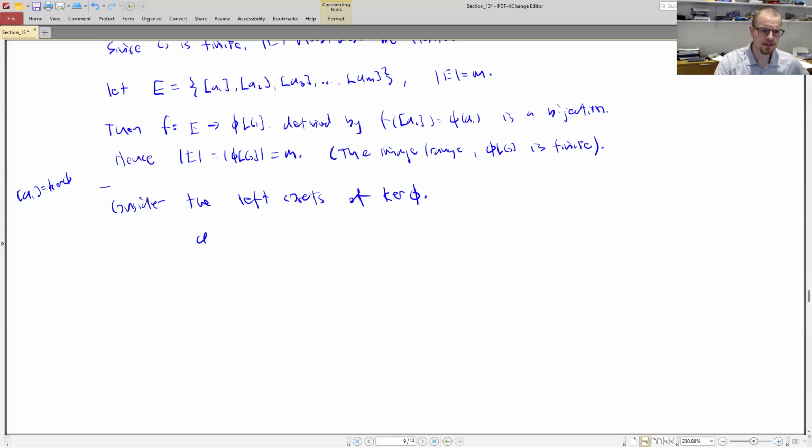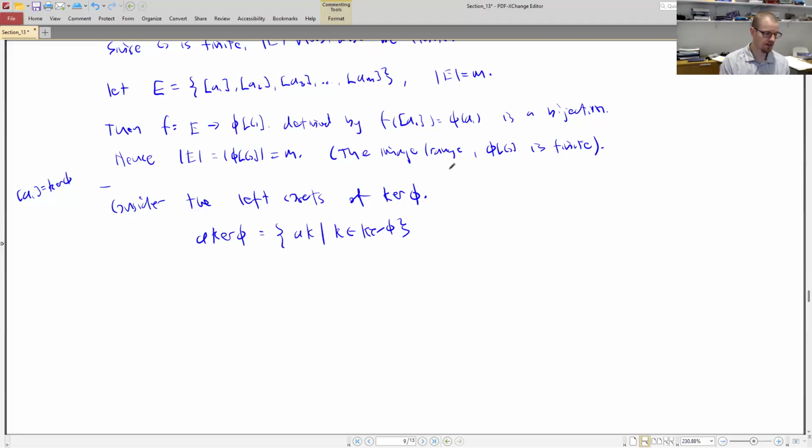So A times the kernel of phi for some A in G is equal to, by the definition of the kernel and by the definition of left cosets, so really left cosets here is the definition I'm looking for, is A times K, where K is some element in the kernel of phi.